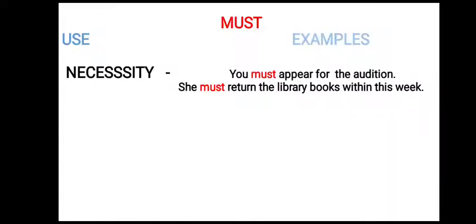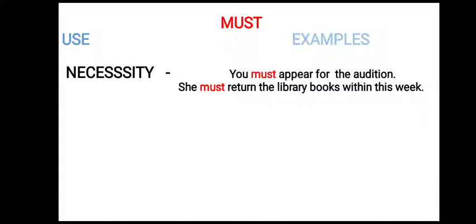Basically the word is used to show necessity and importance, that this is necessary to do. So you must appear for the audition. She must return the library books within this week. So in the formal way, to show necessary decisions, we are using the term must.